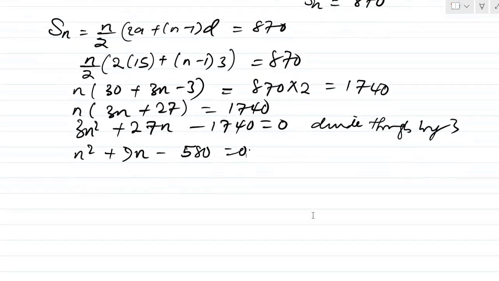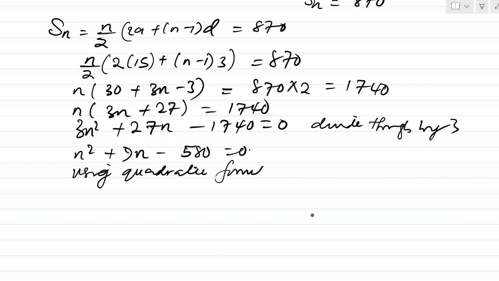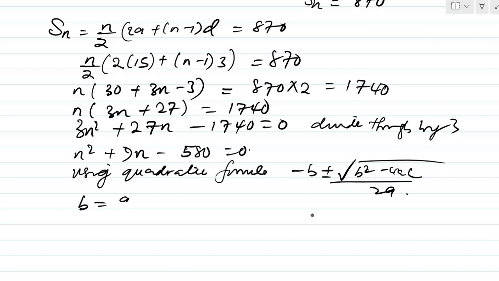If you factorize that or use the quadratic formula, which is minus b plus or minus root of b squared minus 4ac all over 2a, we are going to have that our b is equal to 9, our a is equal to 1, and our c is equal to minus 580.